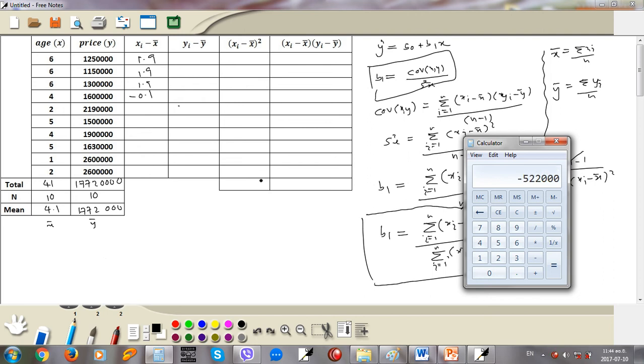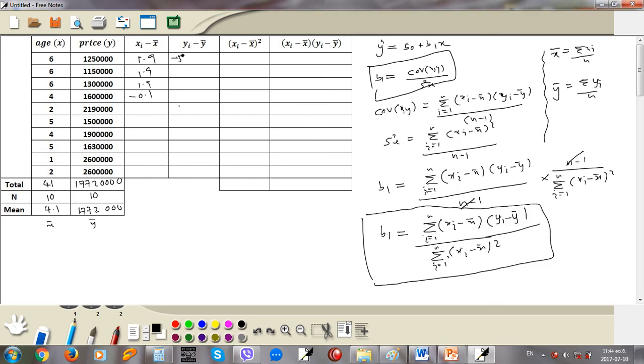So we take the difference as minus 552,000, again minus 552,000, right? This one is 115, minus 115 comes as 62,000, right? Likewise you can find the other values.